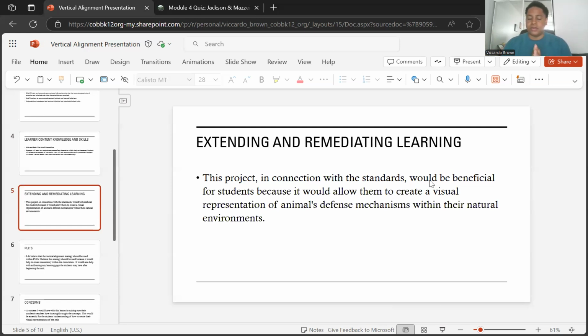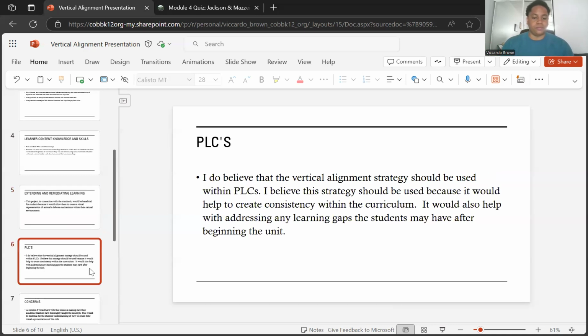There are several species of octopus that will literally transform themselves to look like a rock or transform themselves against corals to kind of blend in with their environment. So I really feel like between the standards of science and the standard of the visual arts that we have here, they could really have a genuine connection with the material.